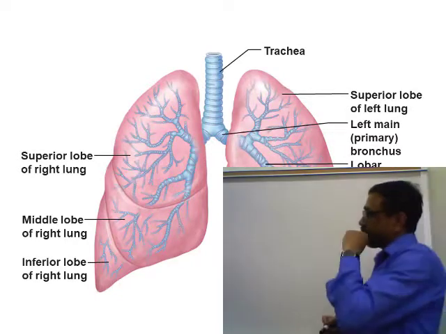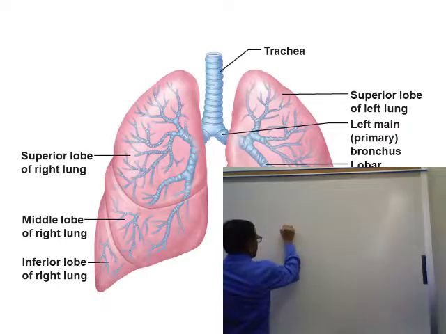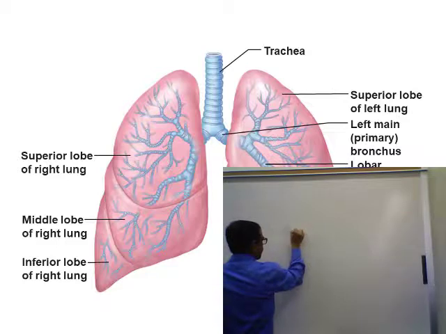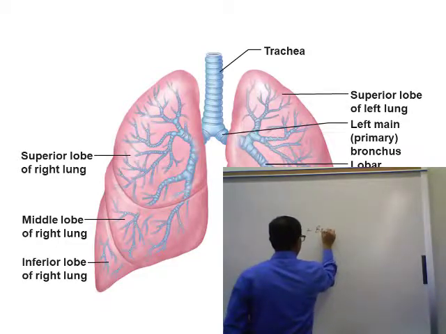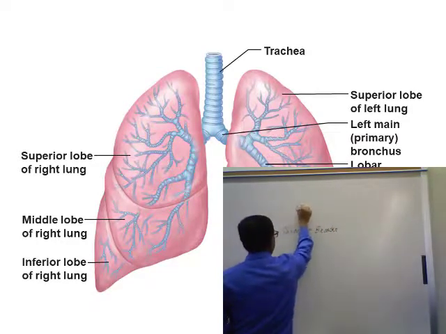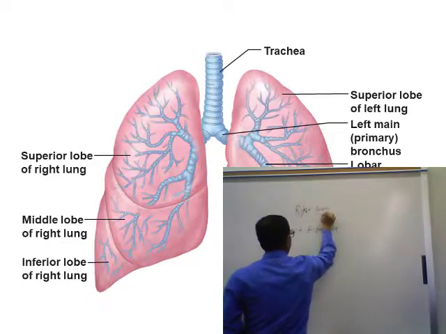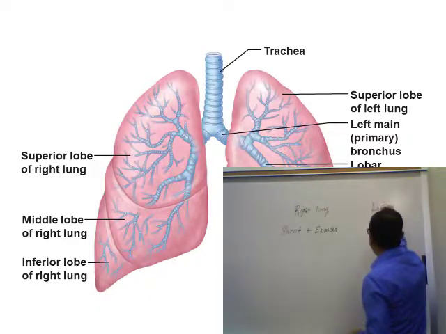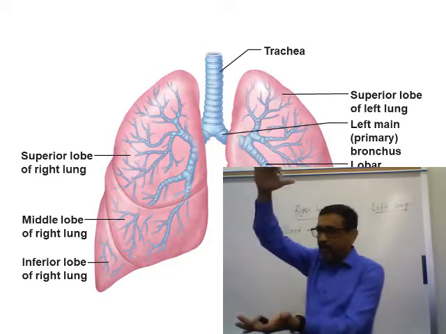You see, the right lung is short and broader, wider. So this is the right lung, this is the left lung. Okay. So the right lung is shorter this way.